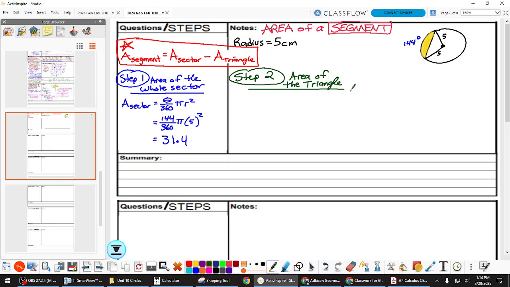Okay, I'll just tell you. But you probably want to make this a note, not just an example. So triangle is 1/2 base times height. Or you could do base times height divided by 2. Either way. But what do we not have in this problem? We don't have the base or the height.